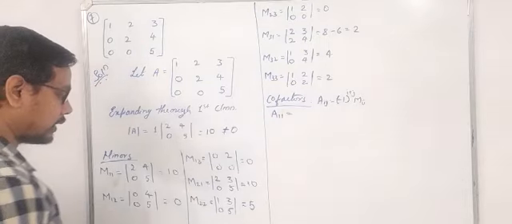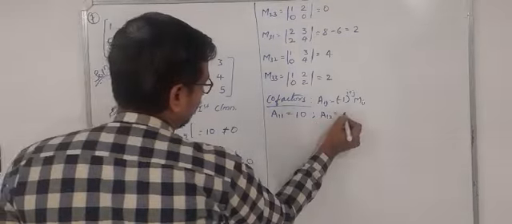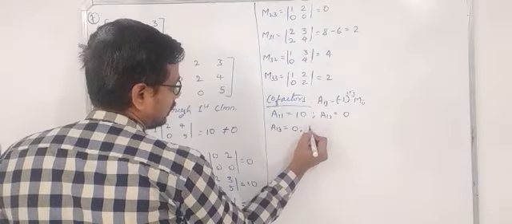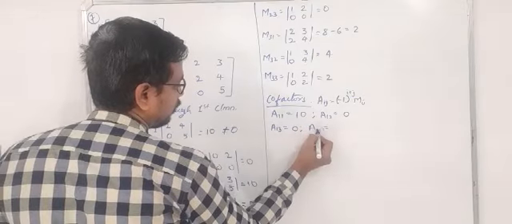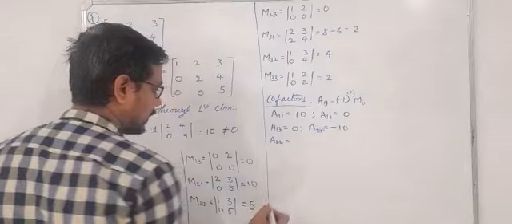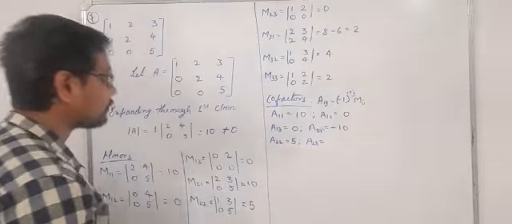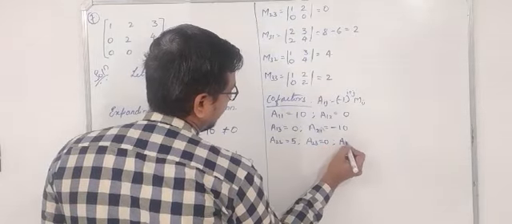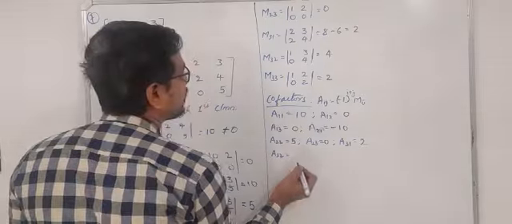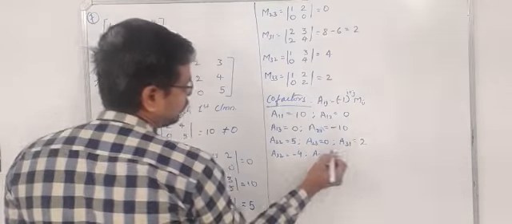A11 equal to 10, A12 equal to 0, A13 equal to 0, A21, right, equal to minus 10, A22 equal to 5, A23 equal to 0, A31 equal to 2, A32 equal to minus 4, A33 equal to 2, right?